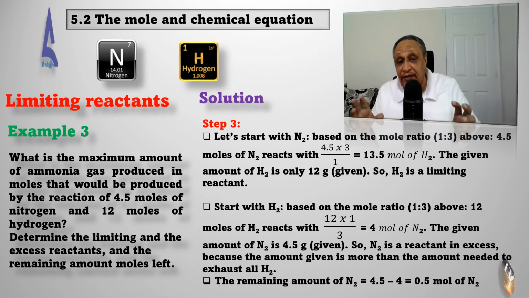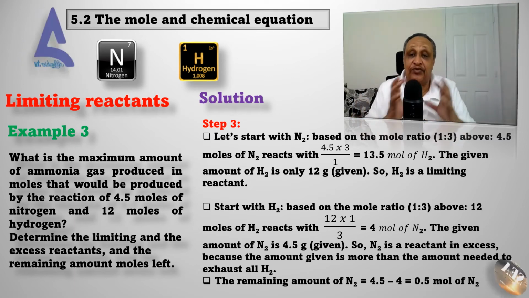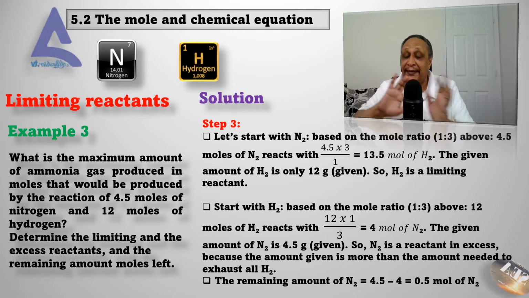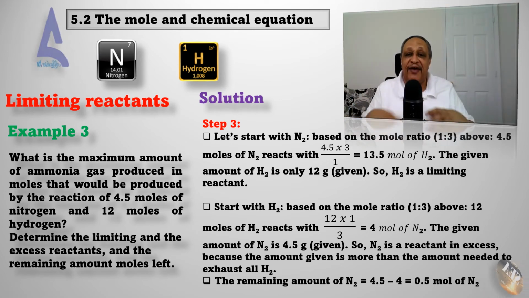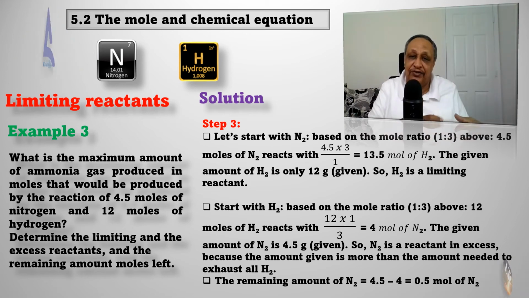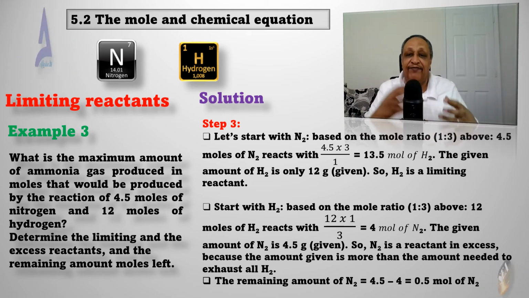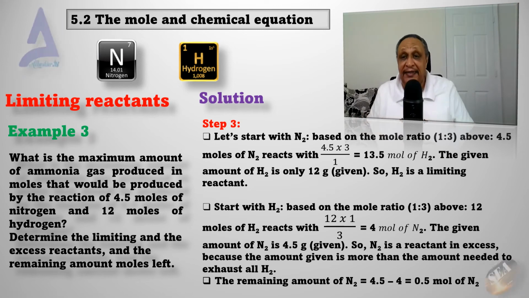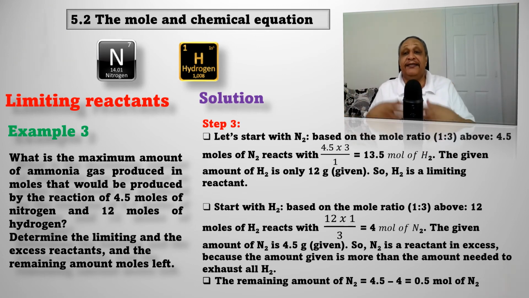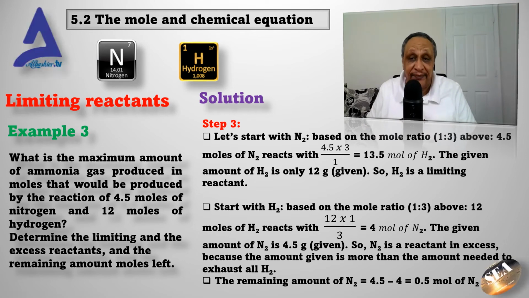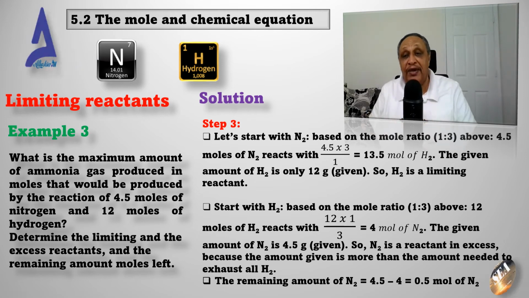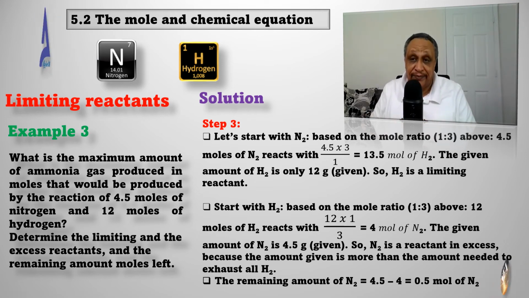Now, first of all, let us start with nitrogen and just forget about the others. If I have the nitrogen, from my equation, the mole ratio is 1 to 3: 1 mole of nitrogen and 3 moles of hydrogen. This is a 1 to 3 relationship.